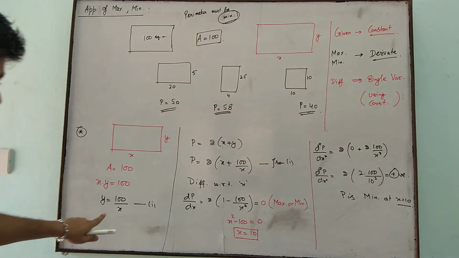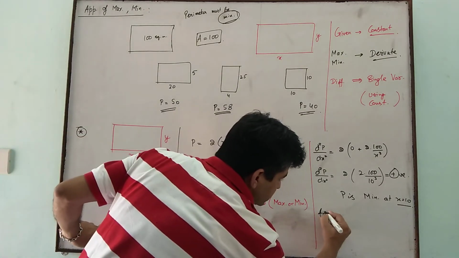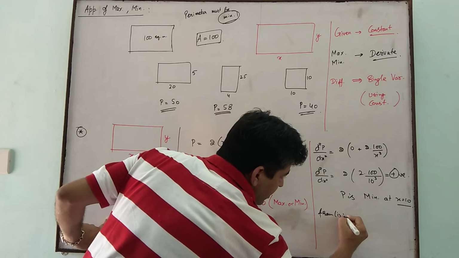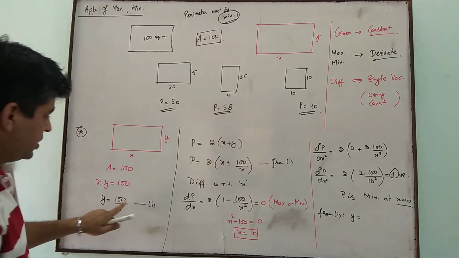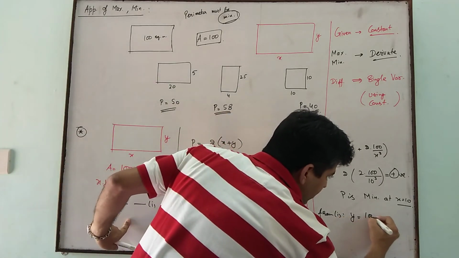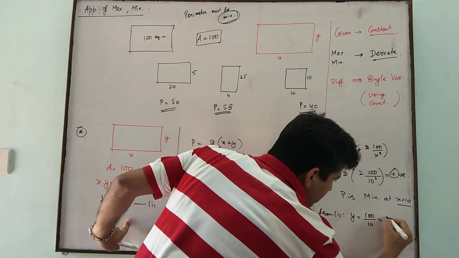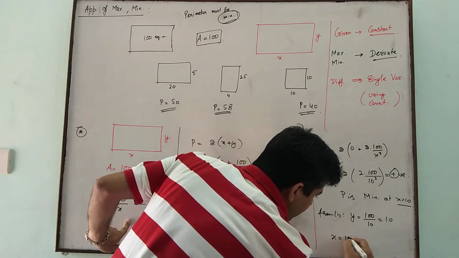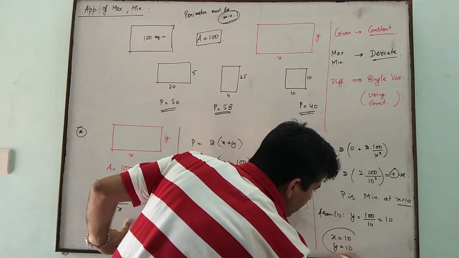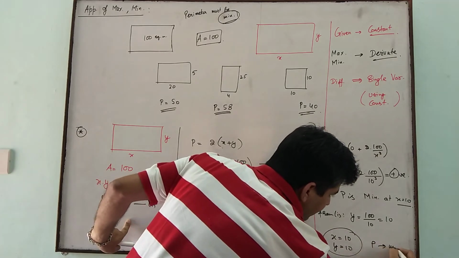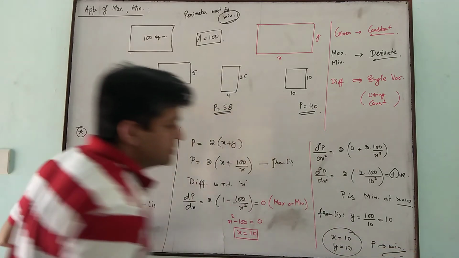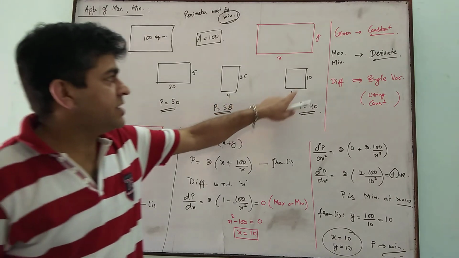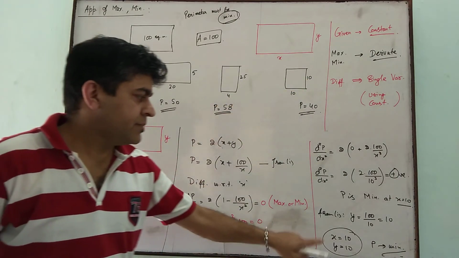And if x is equal to 10, from equation 1, y is equal to 100 upon x, that is 10. So we got x is 10 and y is 10 for perimeter minimum. This is the example we have taken. x and y were 10 and 10 for perimeter minimum.